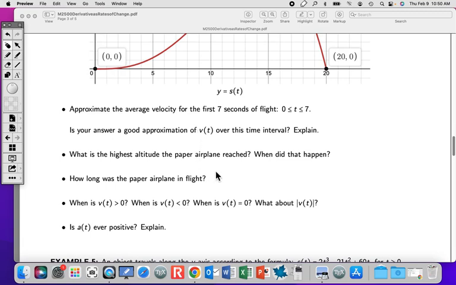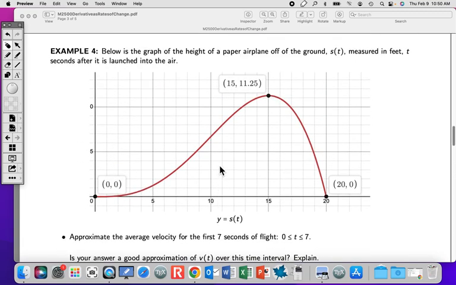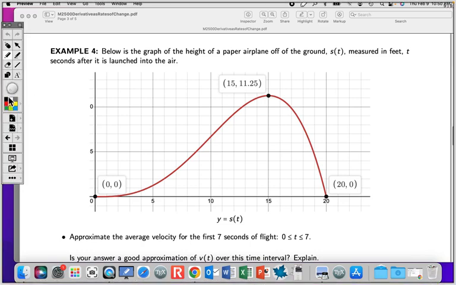Is a of t ever positive? Explain. We have to remember what a of t is. It's the second derivative of the position, so it's the first derivative of the velocity.